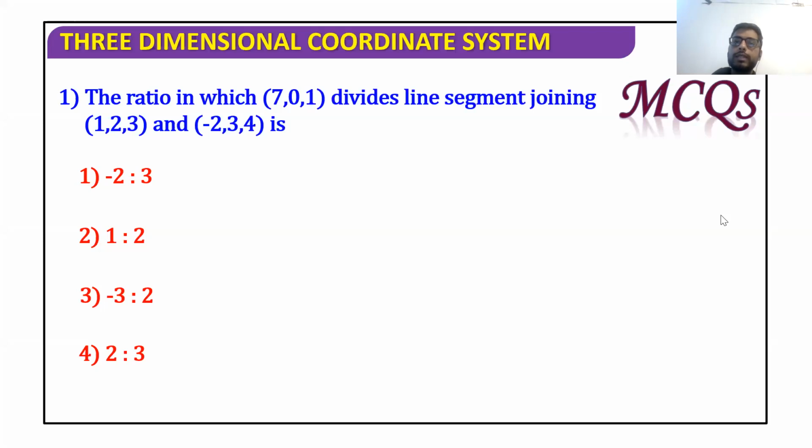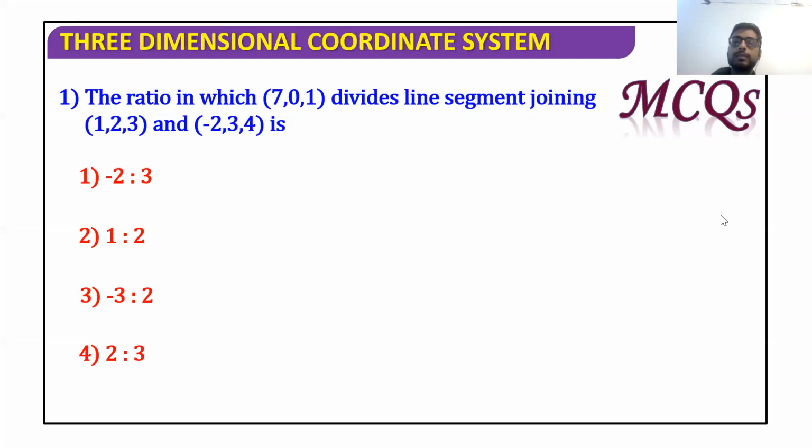We have seen one formula earlier. If there is one point which is going to divide the line formed by joining two points, that ratio is nothing but x1 minus x upon x minus x2, which is also equal to y1 minus y upon y minus y2, which is also equal to z1 minus z upon z minus z2.